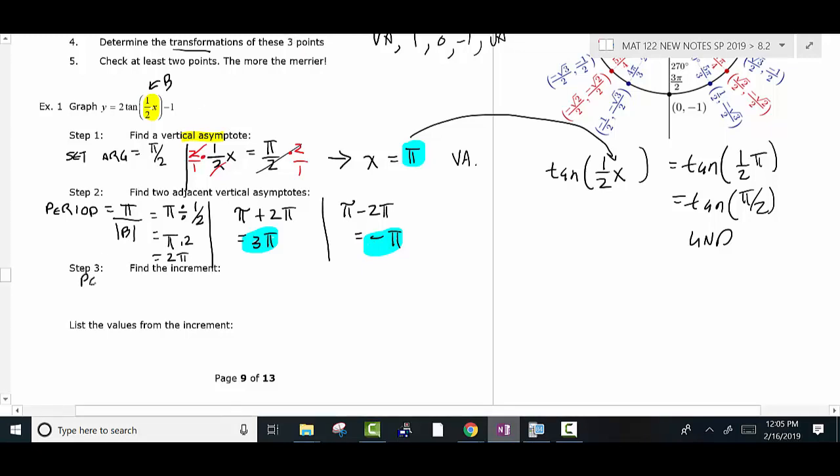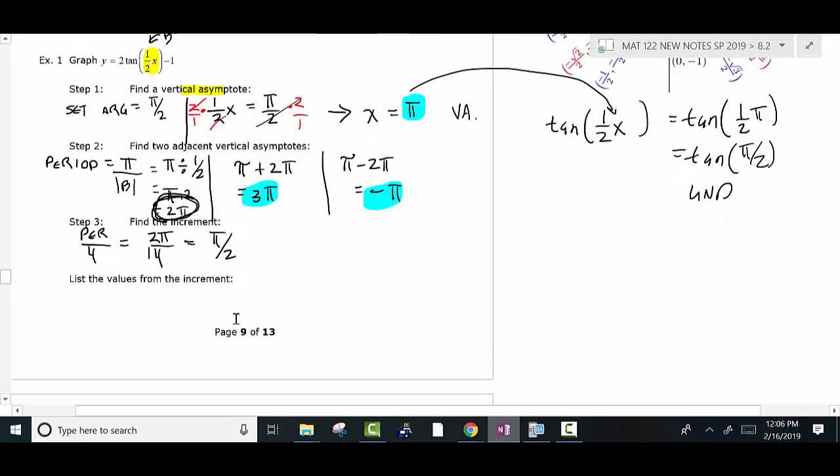Okay, the increment, we're going to do period over 4. The period is 2 pi. That's what we got. So you do 2 pi over 4. Reduce that fraction, you get pi over 2. Okay, like that. So every pi over 2 is where we're going to have key points to graph out this function. Okay, well, let's just write these out. So I'd just start at 0, pi over 2, just start counting by pi over 2.